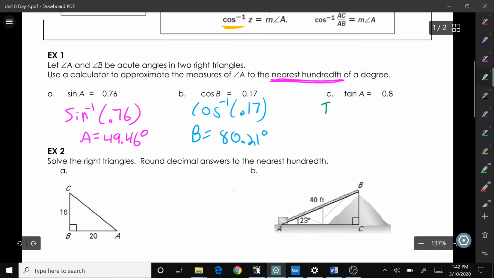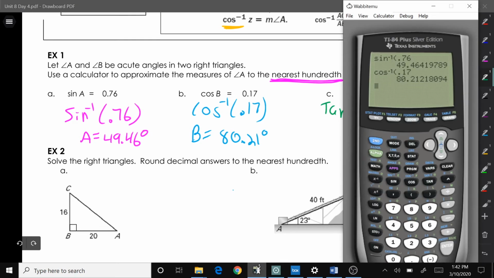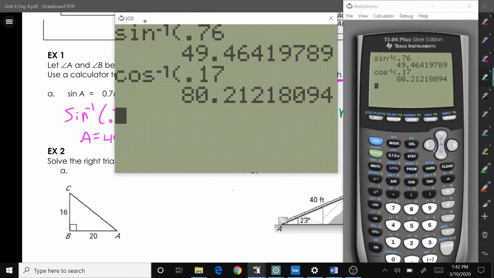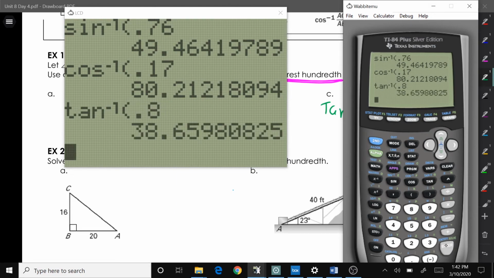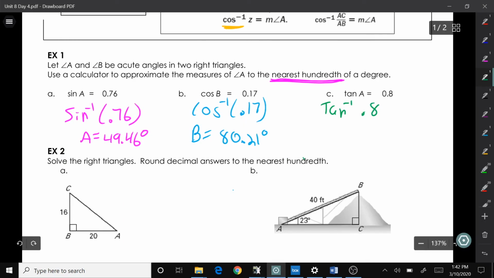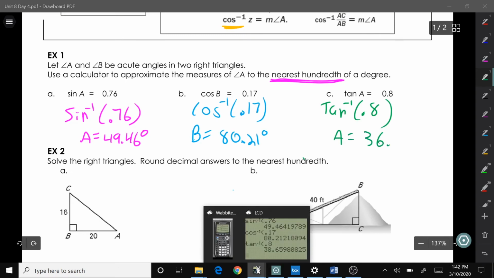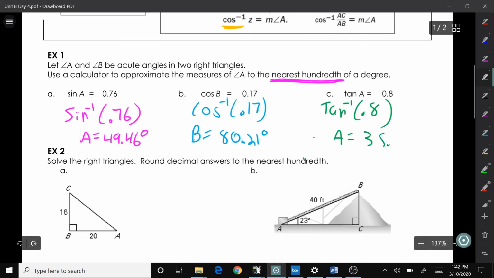Then the last one, the inverse tangent of 0.8, and that's 38.66 degrees. So A equals 38.66 degrees. You have to know how to do this in the calculator. Like I said, once you get down to this part, it's not too bad.